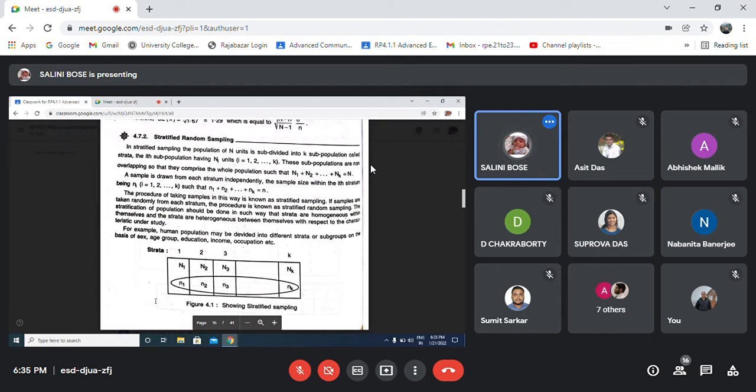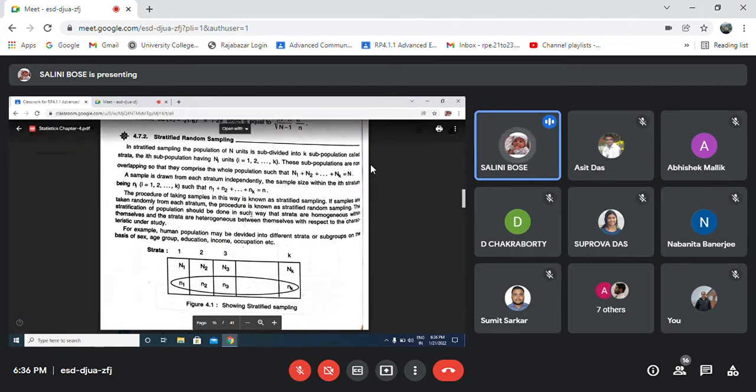The sample will be such that small n1 plus small n2 plus small n3 up to nk, that means the sample units of all strata, will always equal the total sample size n.